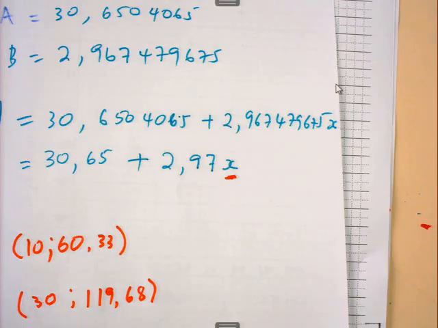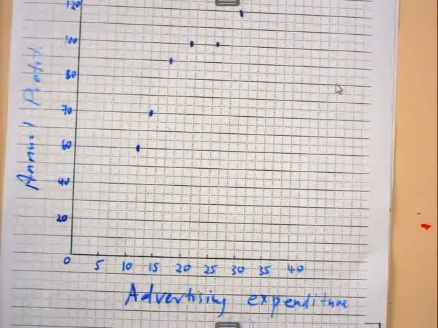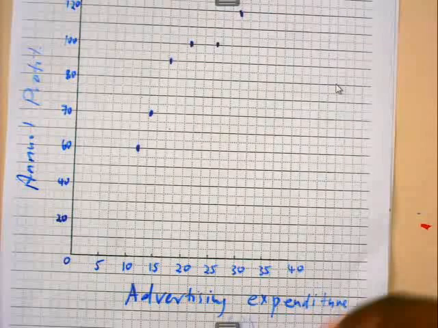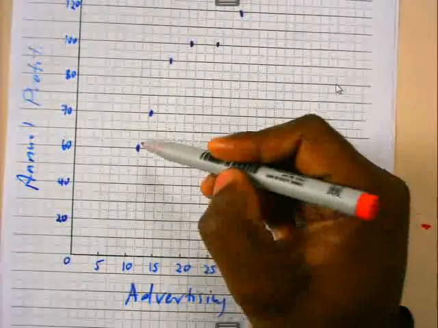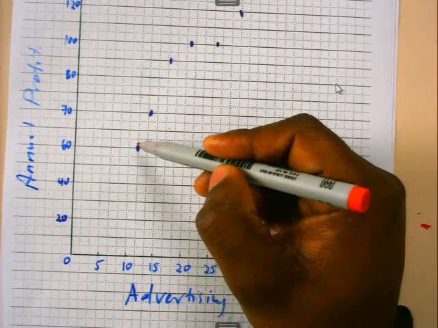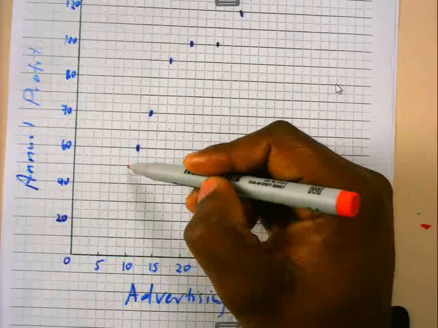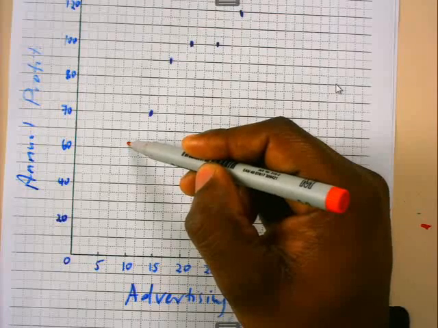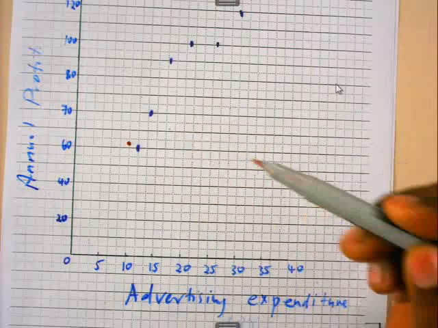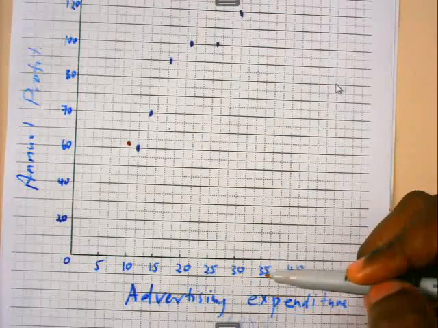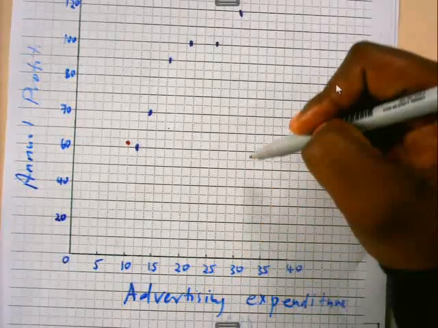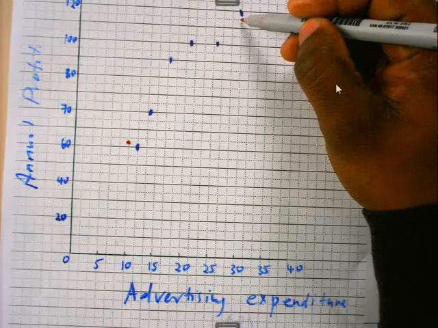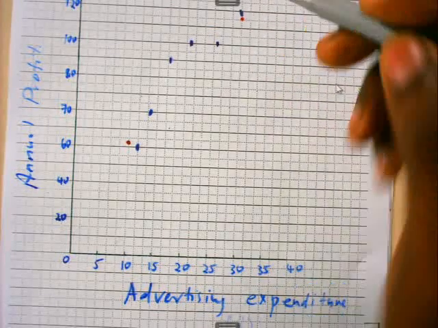Now when we draw the line, we are using those 2 points. I'm trying to get my ruler here. 10 gives me 60.33, here, and 30 gives 119, somewhere there, can you see it?